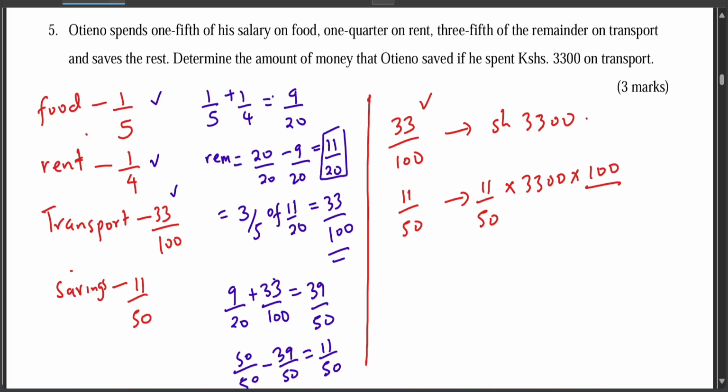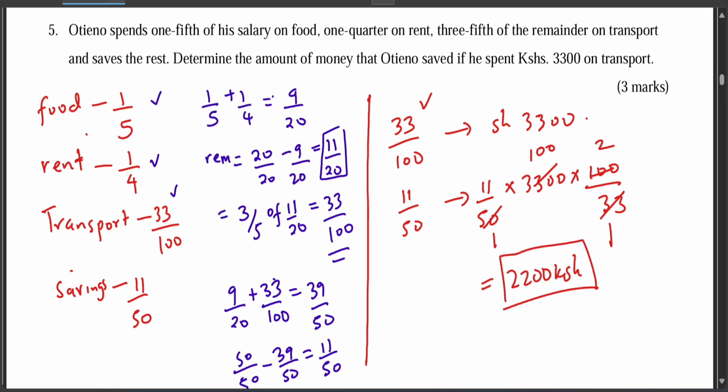So multiply by 100 over 33, because 33 goes into 3,300 100 times, and 50 goes into 100 2 times. So 11 times 100 is 1,100, times 2 is 2,200 Kenya shillings, and that is your answer.